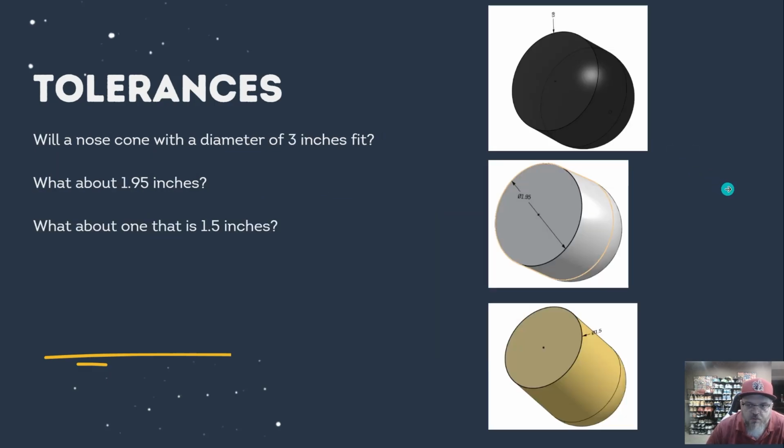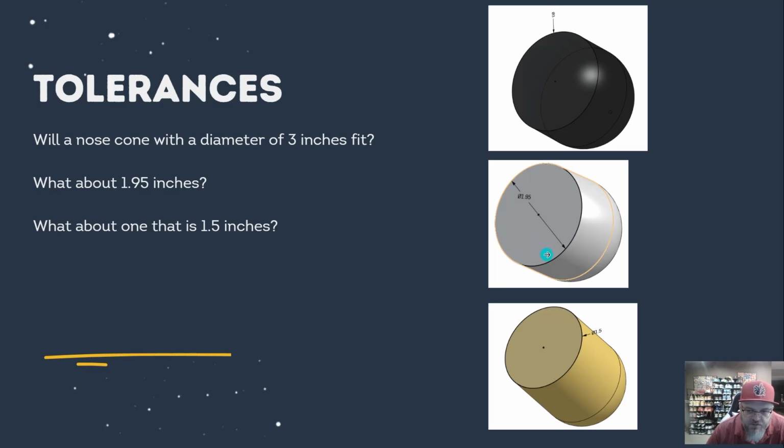Again, imagine you've got that 2-inch body tube, and you have a nose cone that has a diameter of 3 inches. It's not going to fit. It's just too big. What if it was, say, 1.95 inches versus that 2-inch body tube? It probably would slide in.